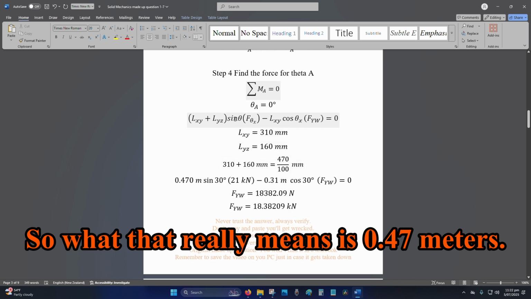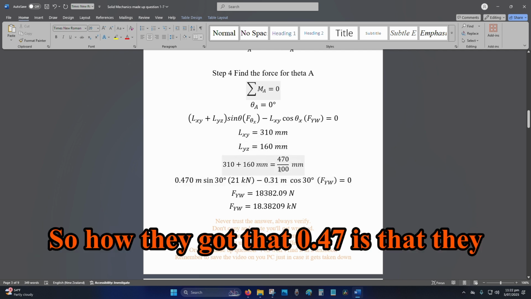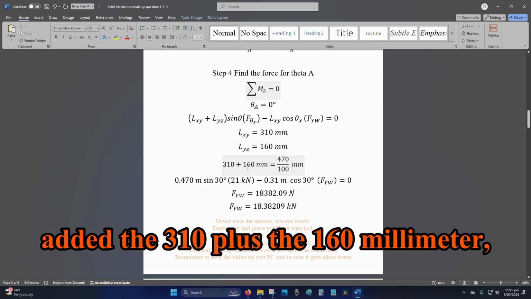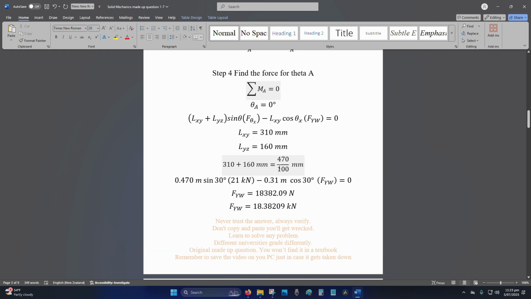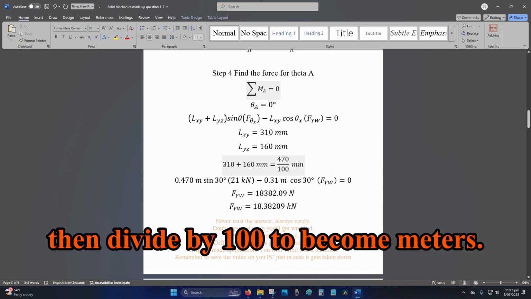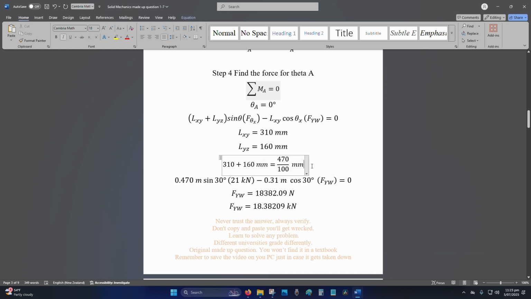So what that really means is 0.47 meters. So how they got that 0.47 is that they added the 310 plus the 160 millimeter, then divide by 1000 to become meters.